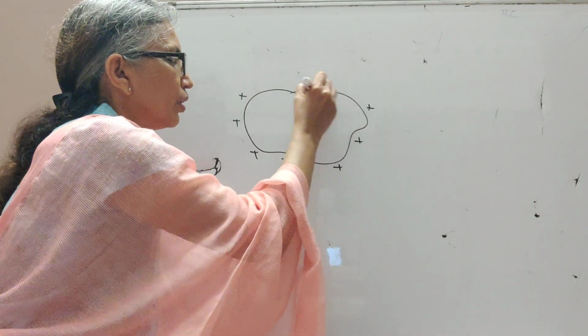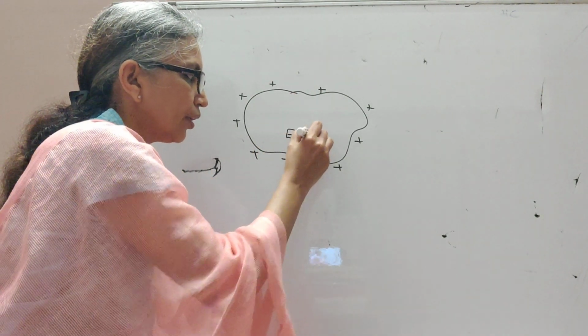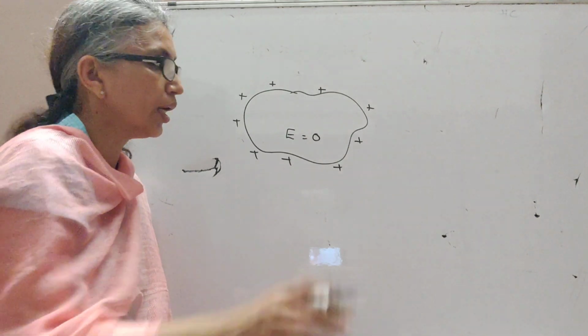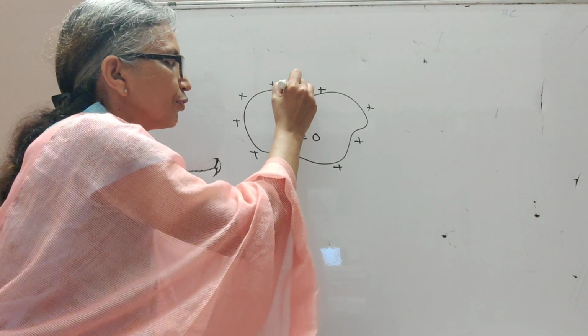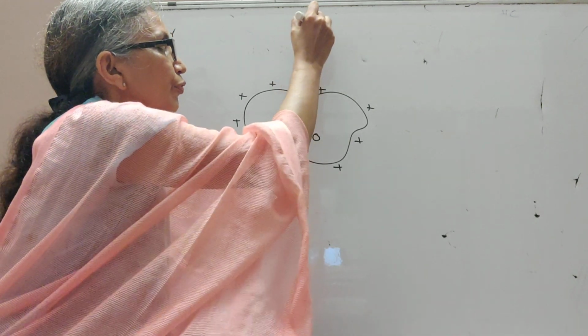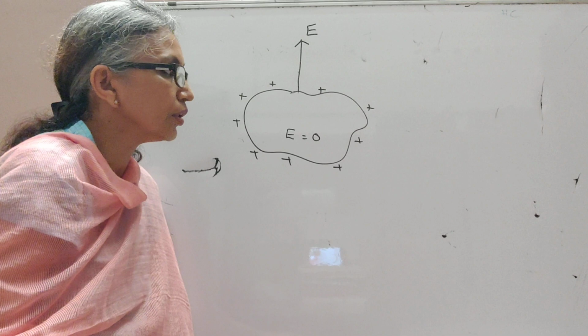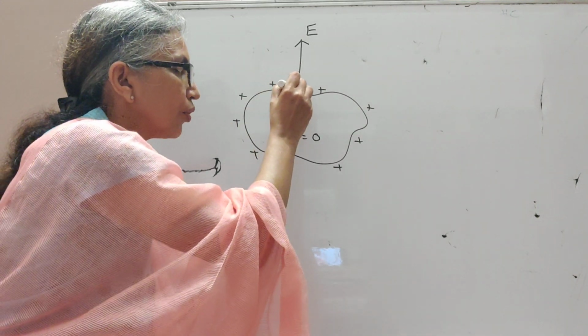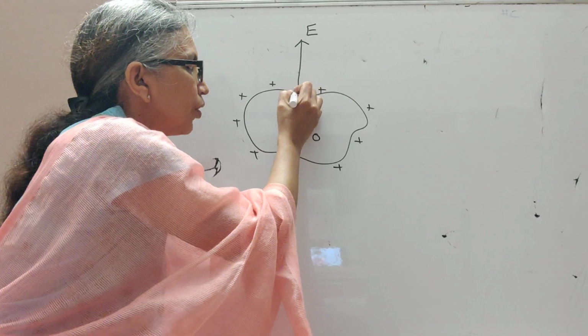hollow inside. So from Gauss's law, we already know inside we have electric field as 0, and on the outside the electric field is always normal to the surface. Okay. Now, in order to find out the electric field on the surface, we consider a small pill box.